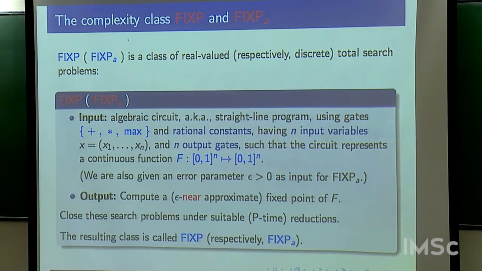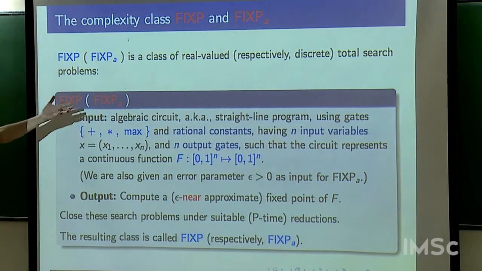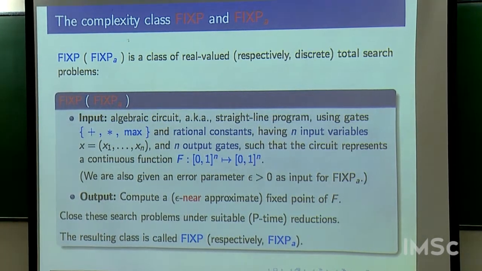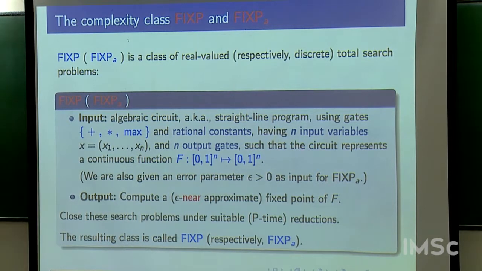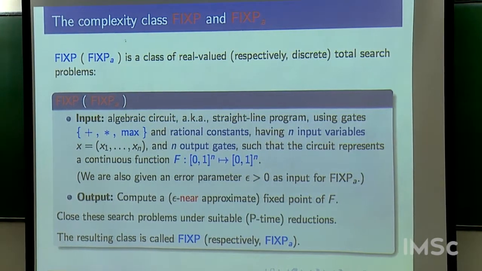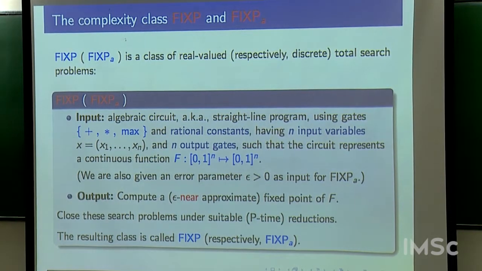My reduction is going to have the following property. In polynomial time, I compute an instance of FIXP. Now, for any fixed point of that function, there will be a separable linear map with rational coefficients that will map back to an answer to my original problem, okay?